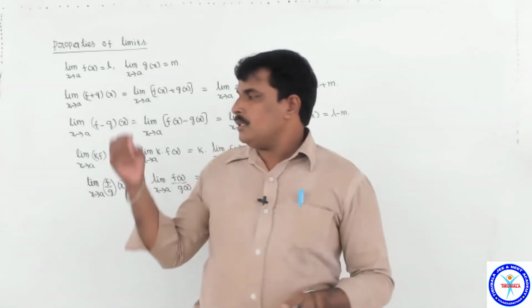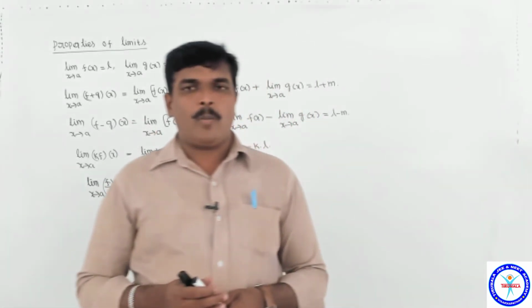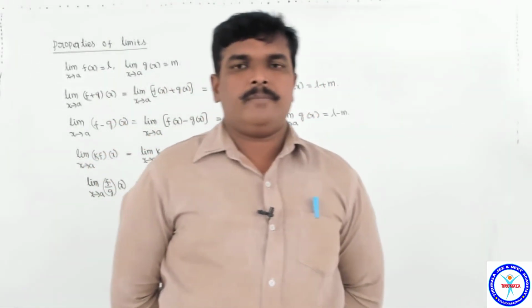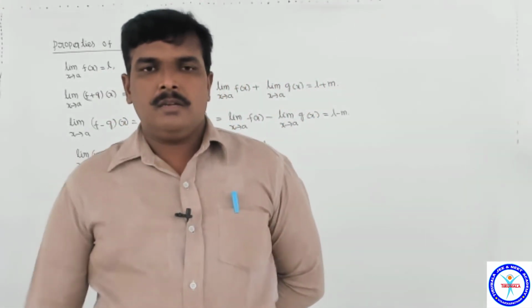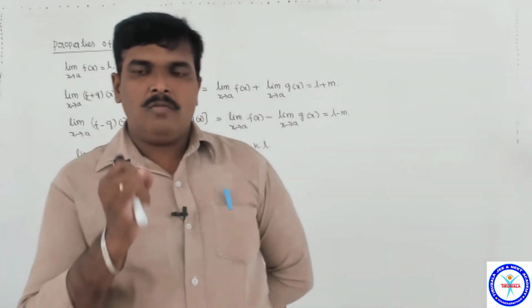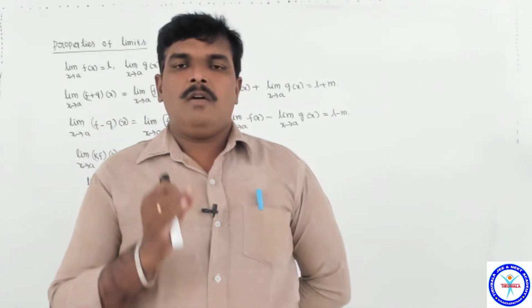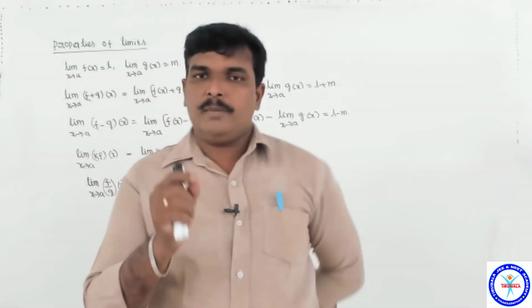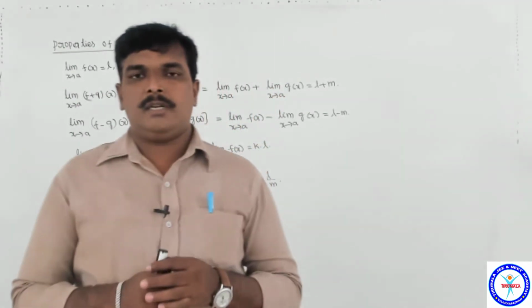Okay students, these are the minimum basic properties of limits. Limits is a very easy concept. First of all, in this class, remember what is a neighborhood, what is a deleted neighborhood, what is a limit point, and what is a limit. These four are very important definitions.